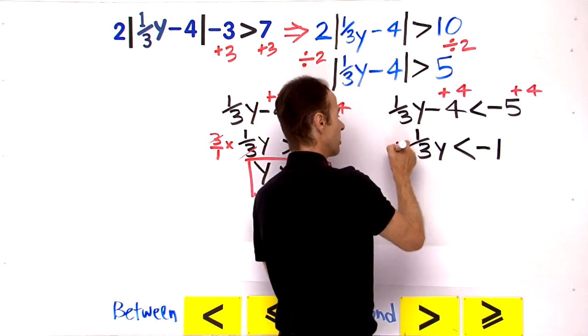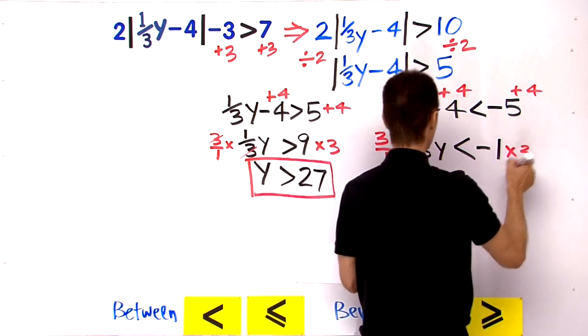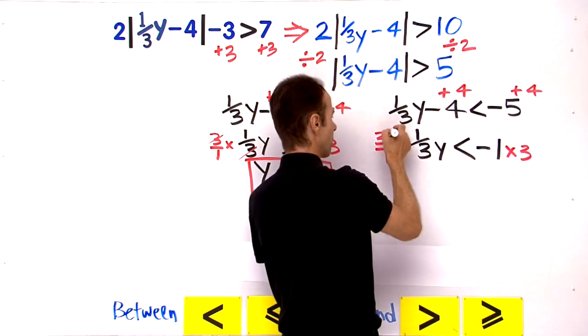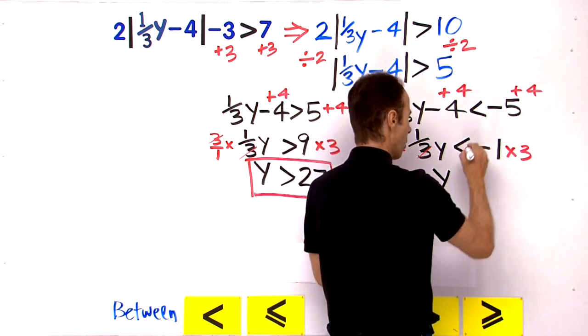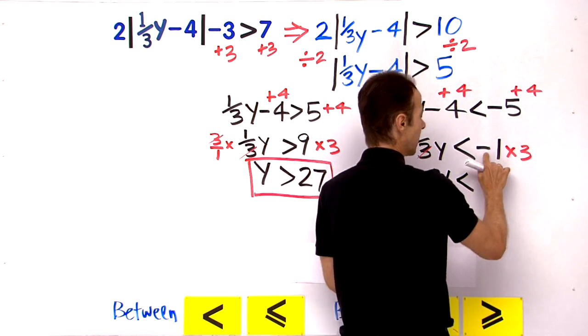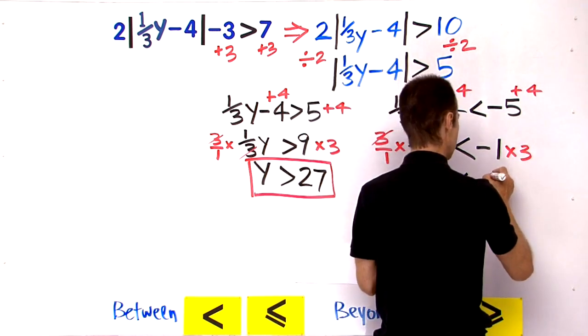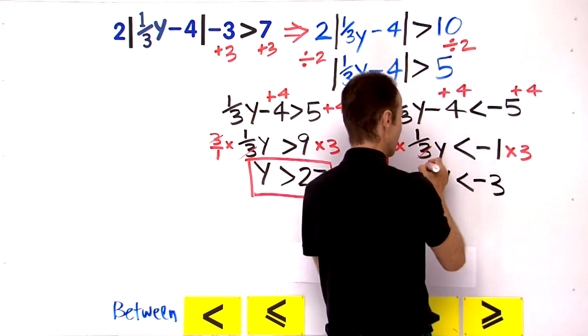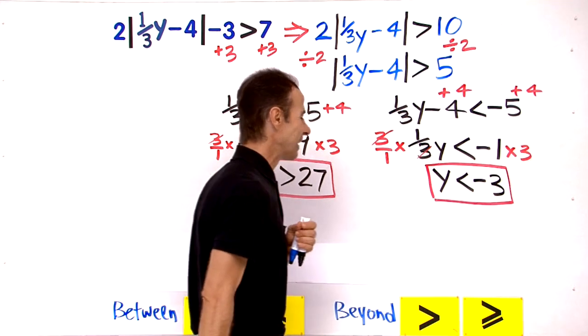So again, we multiply by 3, or 3 over 1. So 3 times 1/3, the 3s cancel, so we're left with 1 times y. Again, y is less than negative 1 times positive 3. That will be a negative 3. There's our other set of solutions. All values less than negative 3.